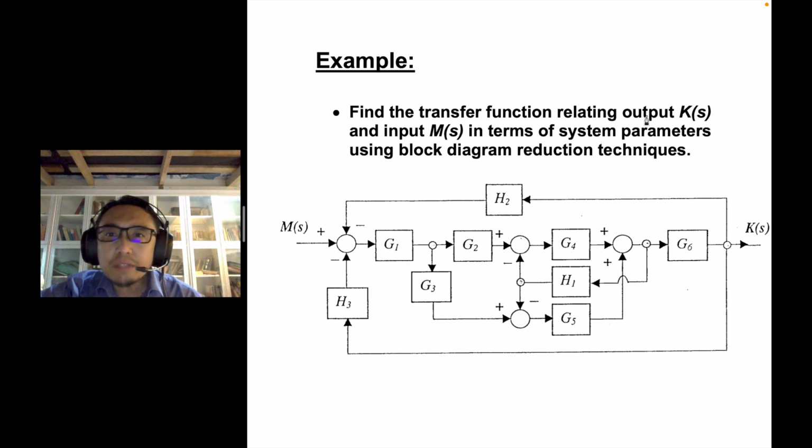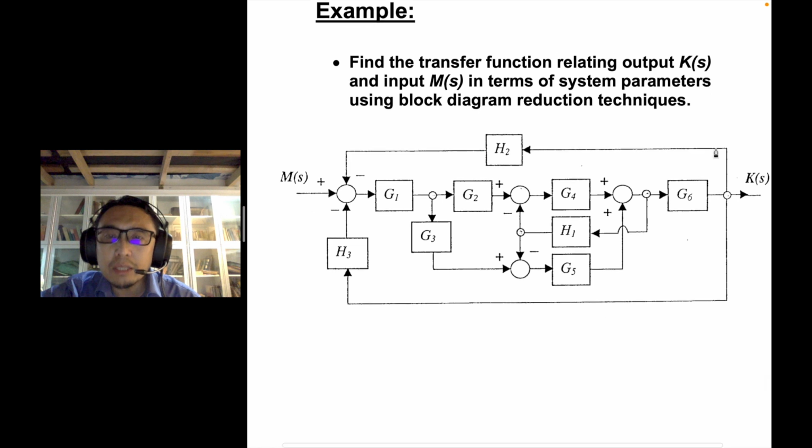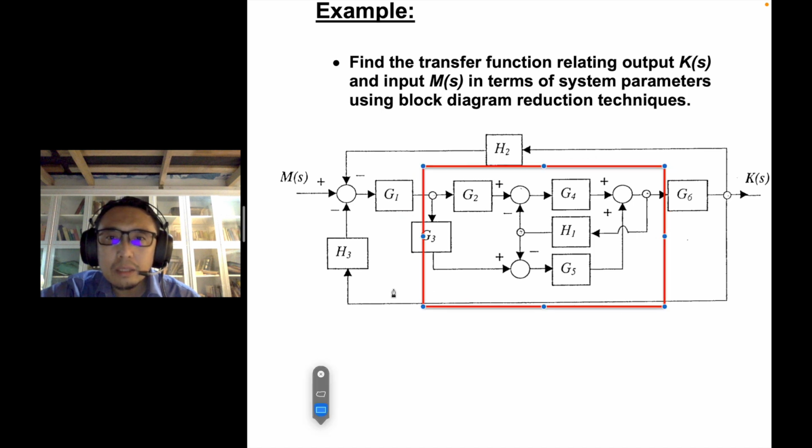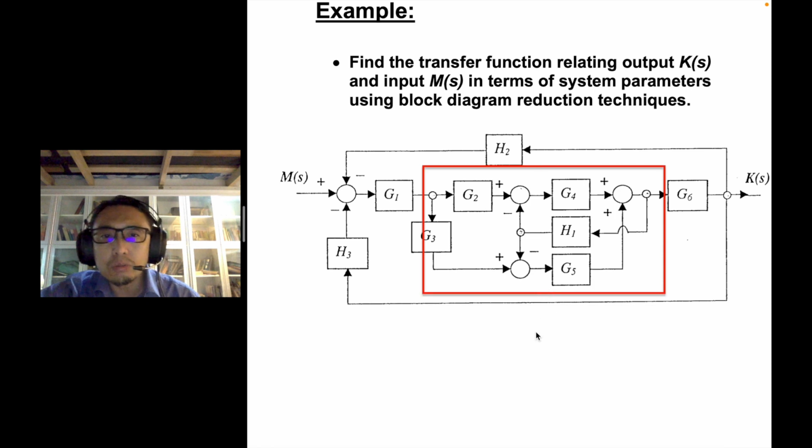So find the transfer function relating output K and input M in terms of system parameters using the block diagram reduction technique. So the last one here, you can see there's this part. I think it's kind of difficult to see what to do, right? In this part, this is where sometimes you can just use equations to solve the problem.